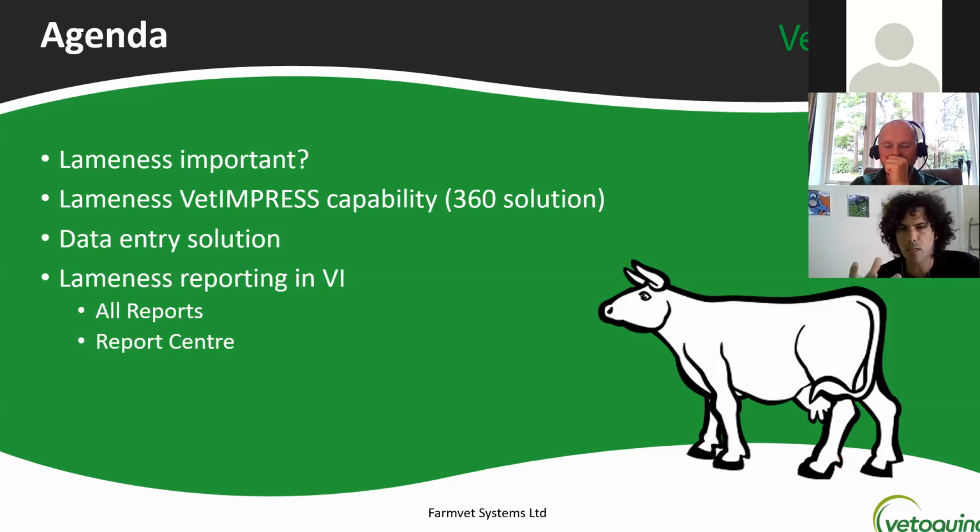I think of it as a 360 solution because we start with data recording. We have a very good solution for data recording on the mobility scoring, on the level of lameness recording, and we go to certain levels of digital dermatitis, but we'll go through that. And not only that, we always make an effort to report that data back to the vets in a way that it can give extra information.